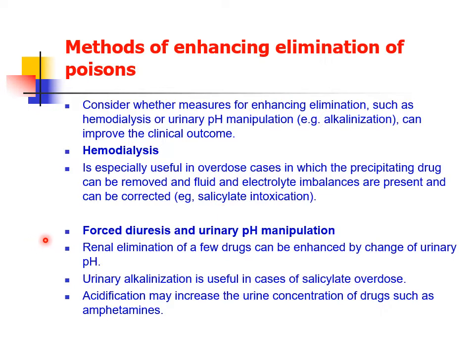Forced diuresis and urinary pH manipulation. Renal elimination of a few drugs can be enhanced by change of urinary pH. Urinary alkalization is useful in cases of salicylate overdose, and acidification may increase the urine concentration of drugs such as amphetamine.